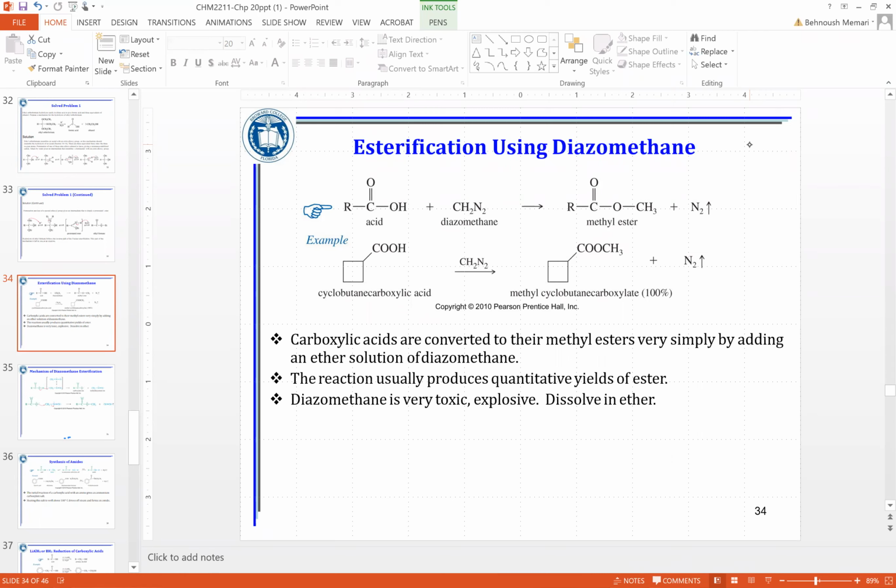We have another reaction that we can use to make ester: carboxylic acid plus diazomethane. In this reaction, basically the CH2 is going to replace the hydrogen.